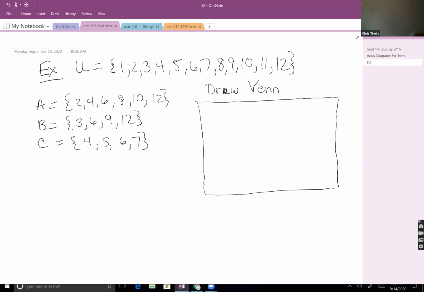Now, first of all, let's look at this question. We have our universal set, and we have 3 other sets. Is everybody all right? The fact that there's A, B, and C tells me this is going to be a 3-looper, one of my Mickey Mouse Venn diagrams.